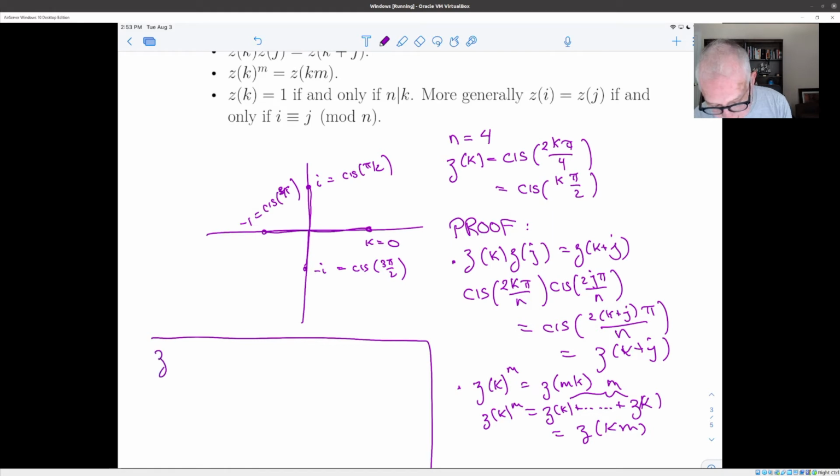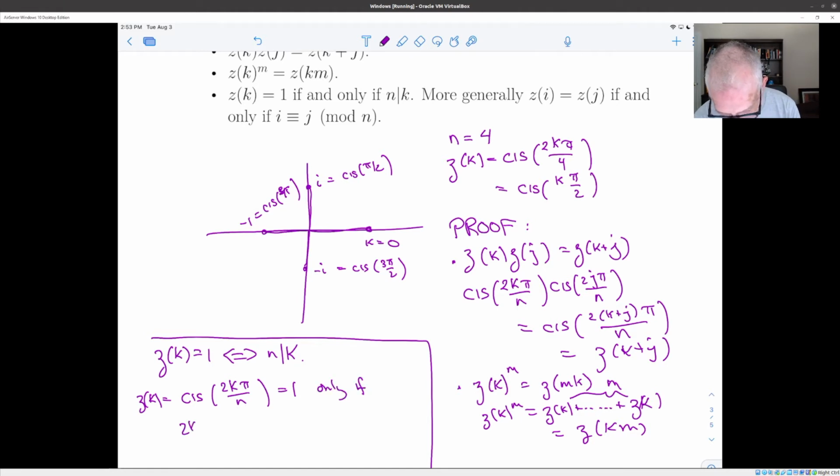And then the last point says that two of these are equal. Well, it says, first of all, z of k is equal to 1 if and only if n divides k. And to see that, if you look at cis of 2k pi over n, this is equal to 1 only if this angle, 2k pi over n, is an integer multiple of 2 pi.